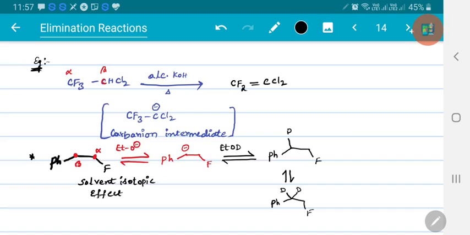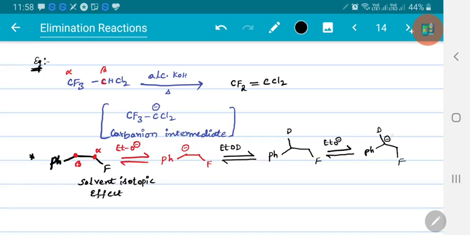Okay. Now after that, when the second hydrogen is abstracted, it leads to formation of an anion here. That also abstracts the second hydrogen and it goes on, right?